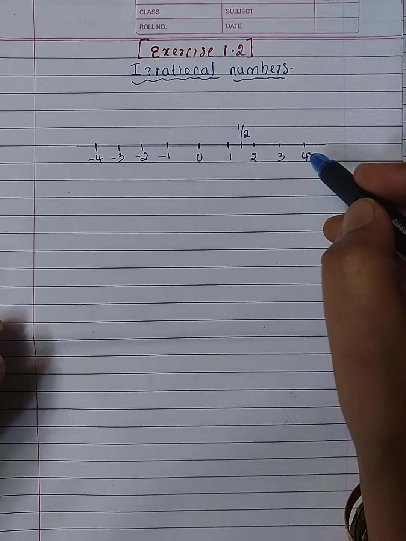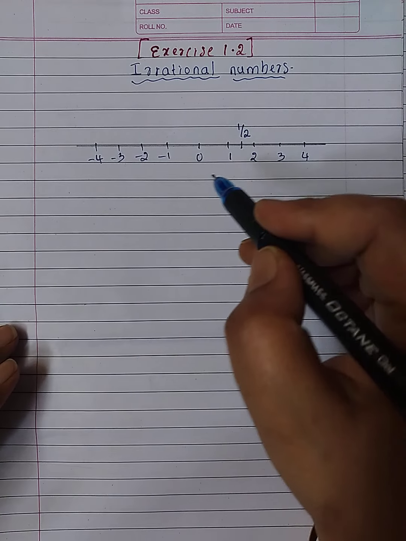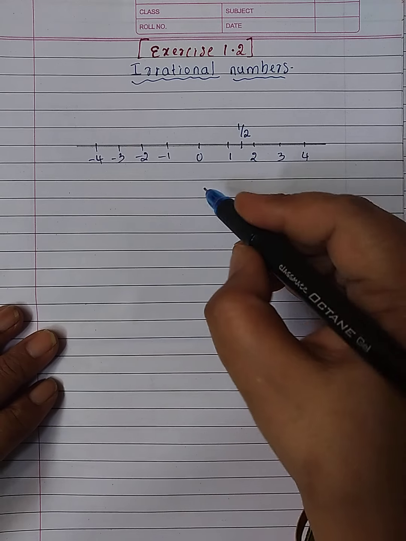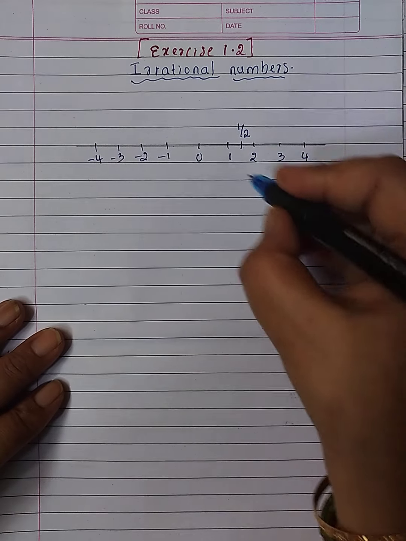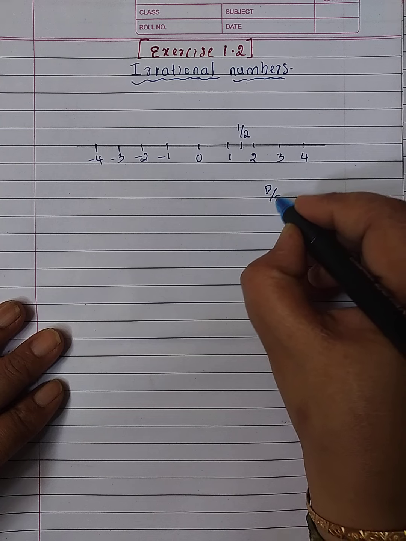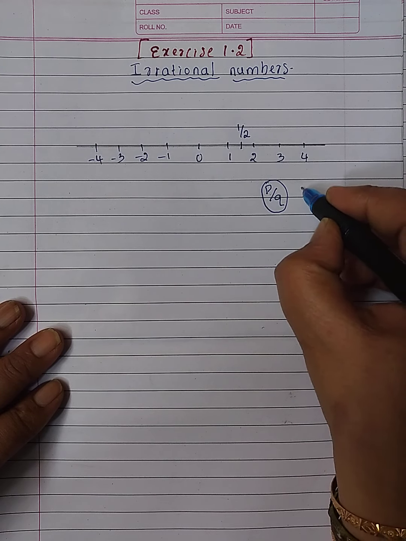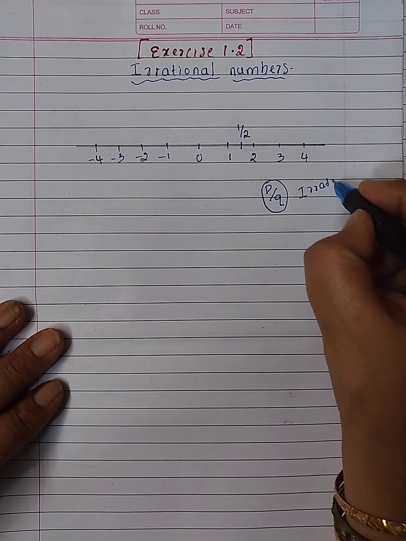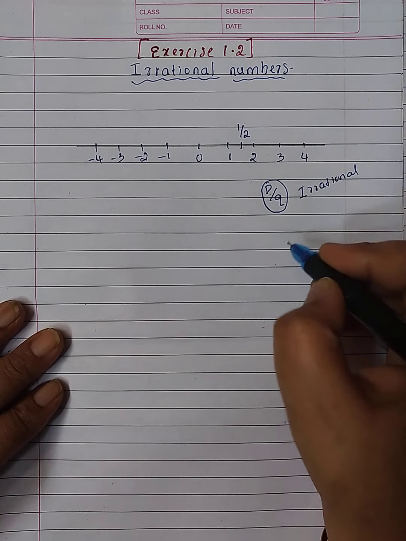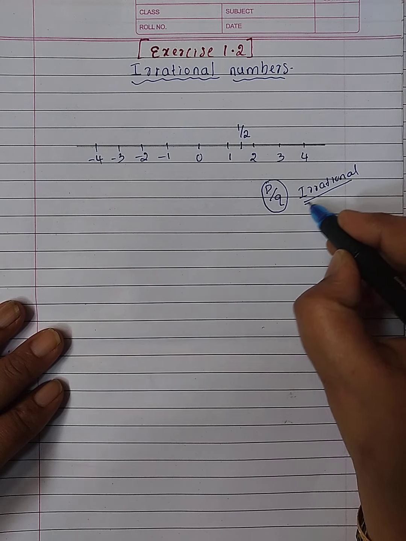Apart from these numbers, we are getting some numbers which are not expressed in the form of p by q. Such numbers are called irrational numbers. Then what is the meaning of irrational numbers?